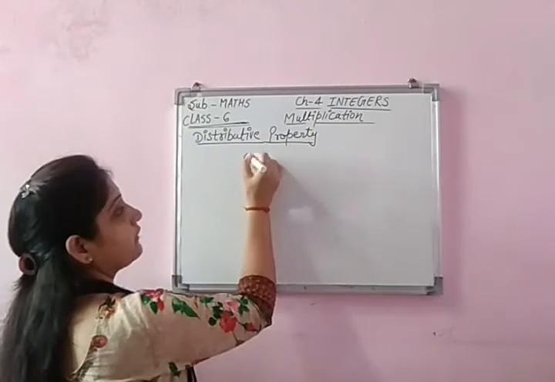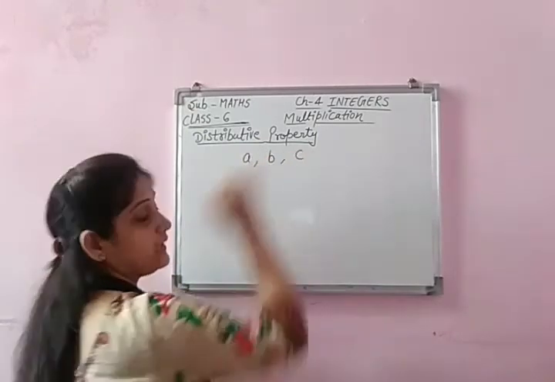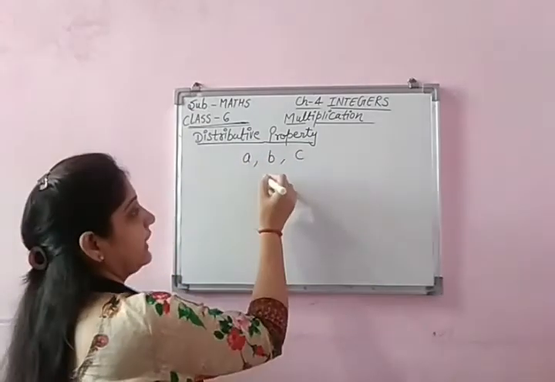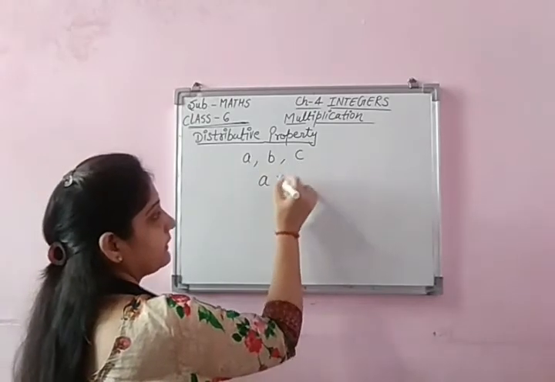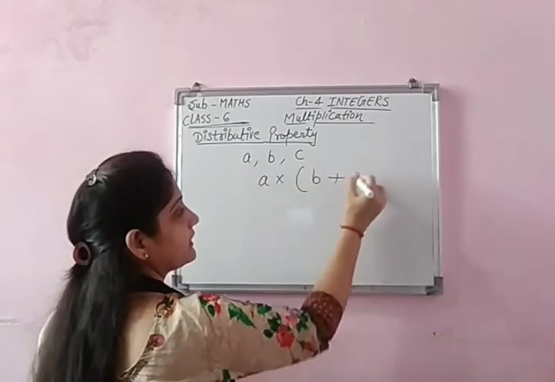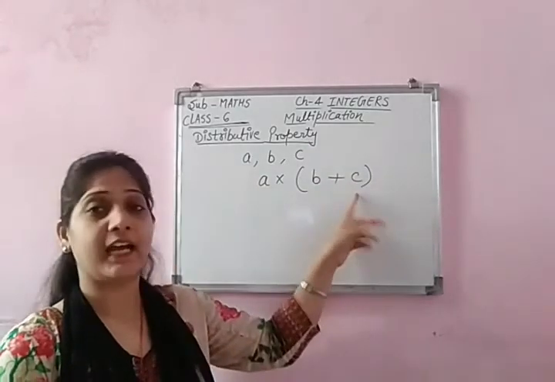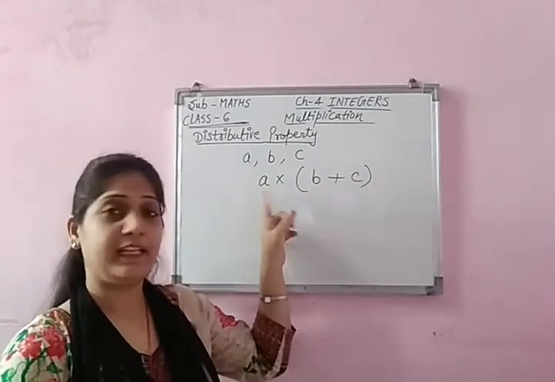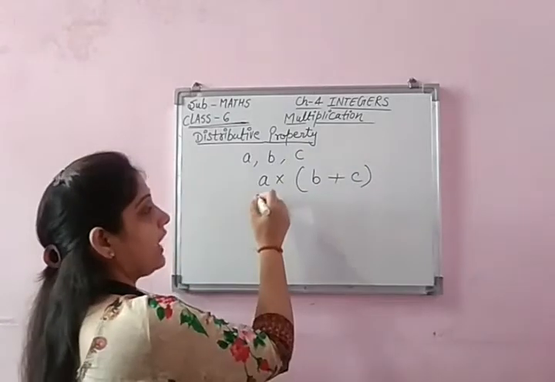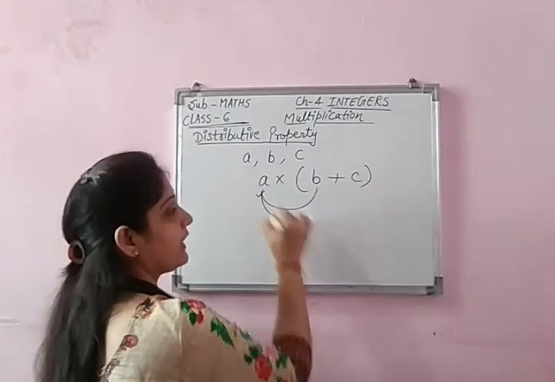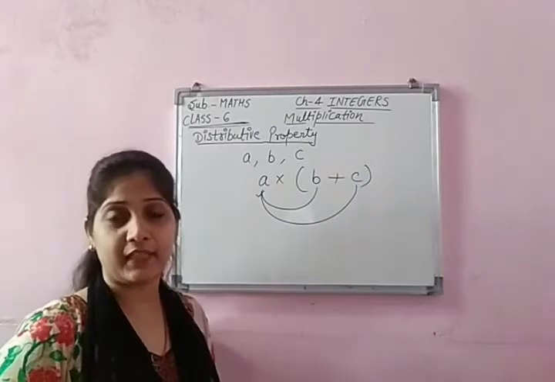Like if we have 3 integers A, B and C, and they are like that, A multiply (B plus C). What I am saying is that 2 integers B and C are in addition and A is in multiplication. So this outside number is getting multiplied with both numbers inside.